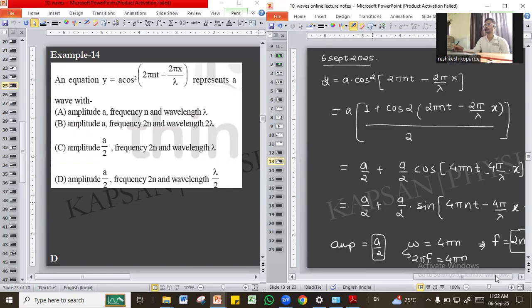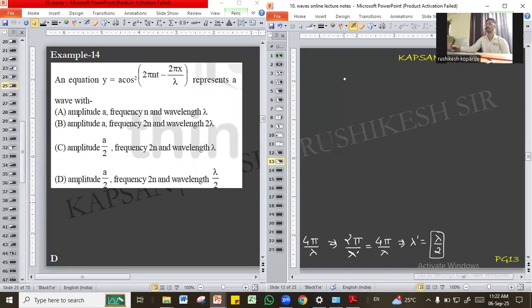Now to solve these kind of questions, you should be able to replace sine square and cos square functions. So for that, you need to remember these formulae. So write down: cos 2 theta is equal to cos square theta minus sin square theta, 2 cos square theta minus 1, 1 minus 2 sin square theta.